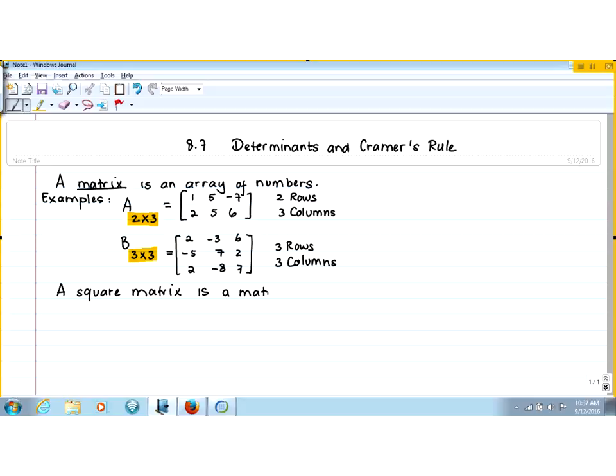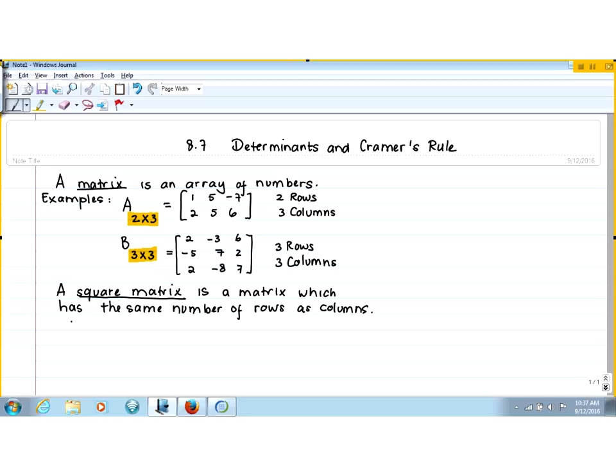It's a matrix which has the same number of rows as columns. Right? 2 by 2, 3 by 3, 4 by 4, 5 by 5. They're all called square matrices.